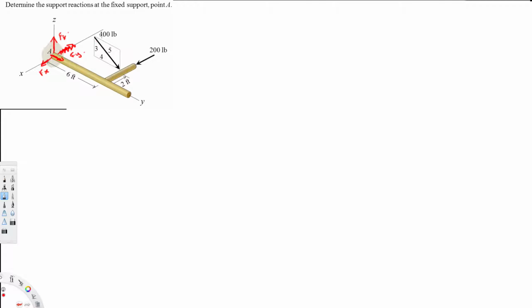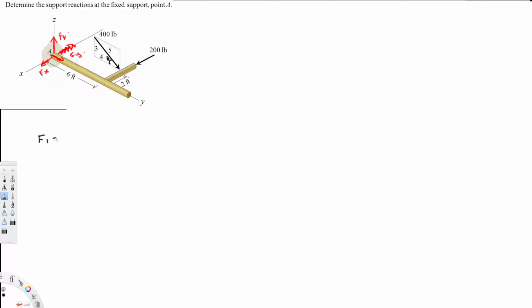So 400 is given. To calculate the y-axis component, I have to take the cos theta, because if you see the angle, this is going to be theta, and it's coming a little bit downside and going along the y-axis. If I calculate this cos theta, it will give the force along the y-axis.